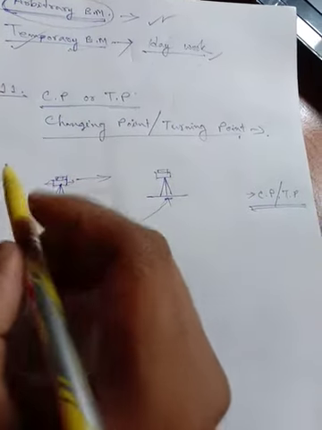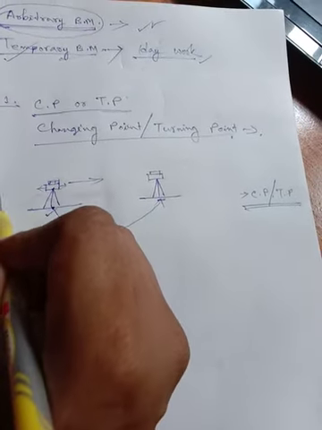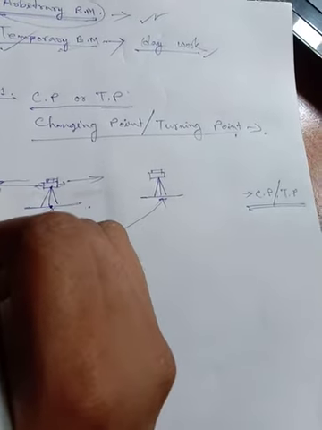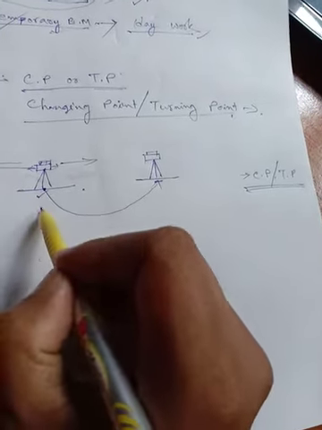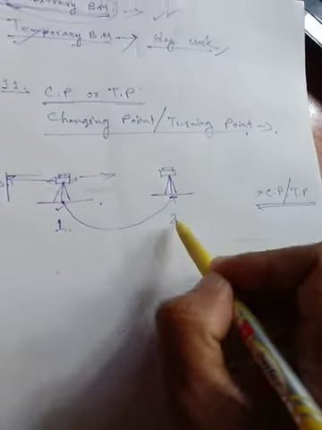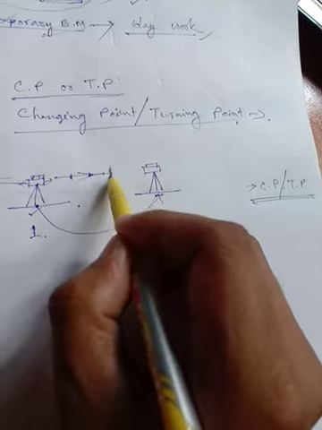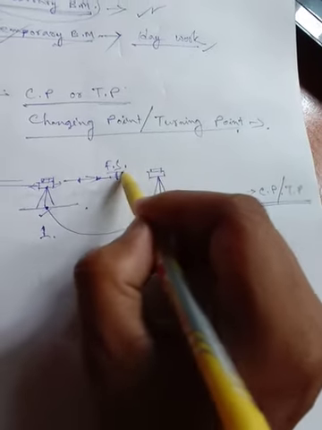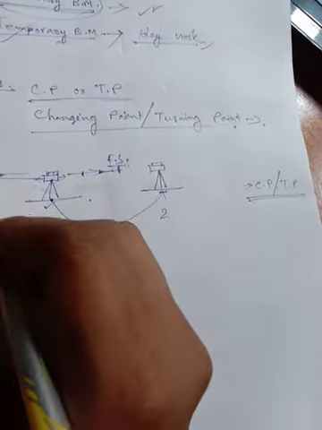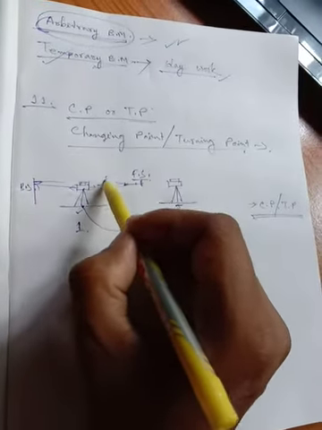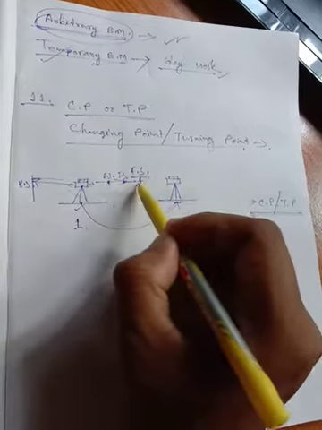Suppose this is the backside reading for position 1, and this is your position 2. These are intermediate readings, and this last one is your foresight reading. If this is your backside reading, these are your intermediate sight readings, and this is your foresight reading.